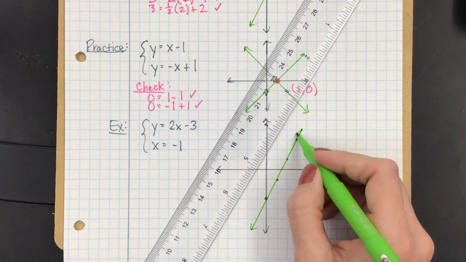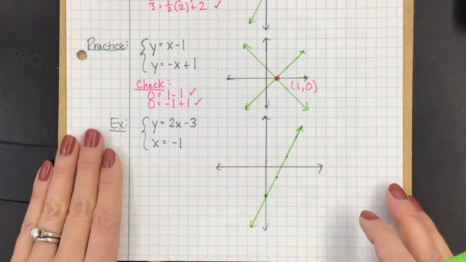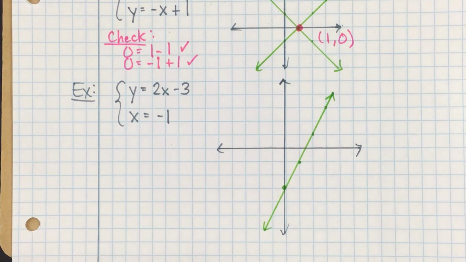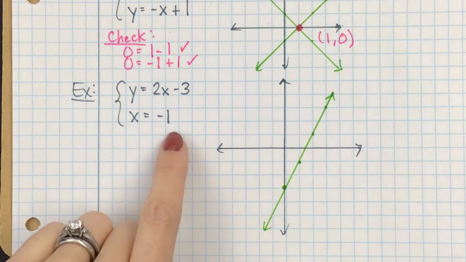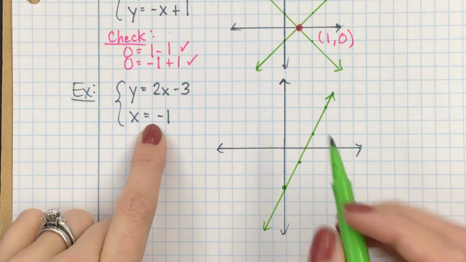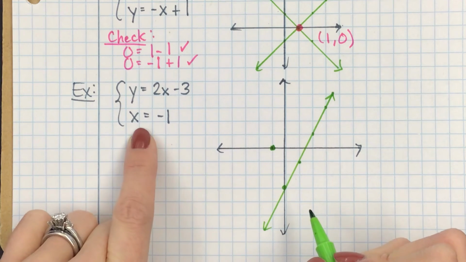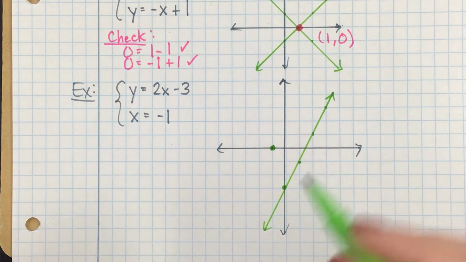Okay, then for our special lines here, is that equation going to be a vertical line or a horizontal line? Vertical, okay. We start by just plotting negative 1 on the x-axis. This is telling us that x is always negative 1.